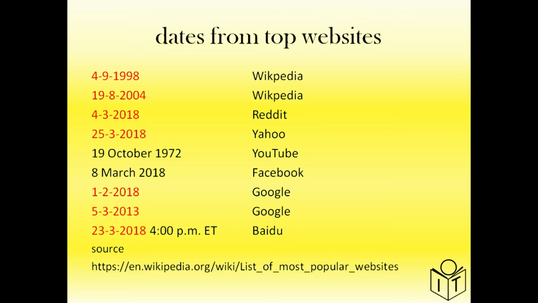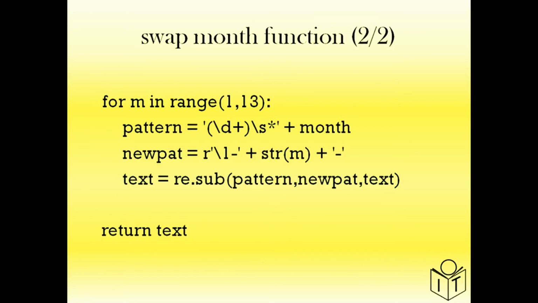So the only two left are where we have day, month, year, which is very similar to what we did in the previous code. So now we just change the order, so we've got day \s star and then month, and then we have the \1, then the string of M. Remember, we have the month number, but we have to change it to a string, and we've got the dashes in between as well.